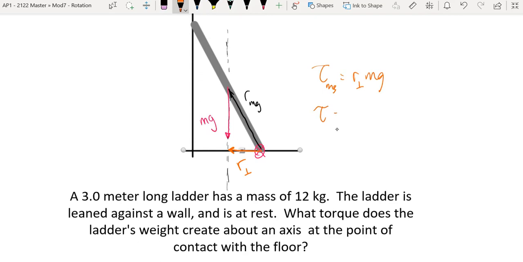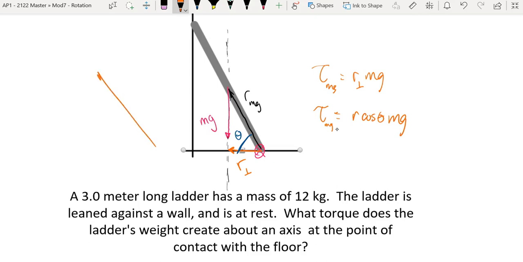And this R perp, let's see, we haven't said where an angle is, but let's say this angle was defined here. Notice that R perp happens to be adjacent to that angle, so I would now say this is R cos theta times mg. You get that?